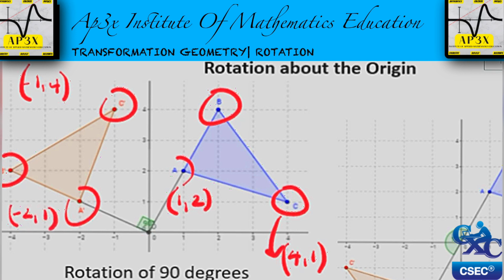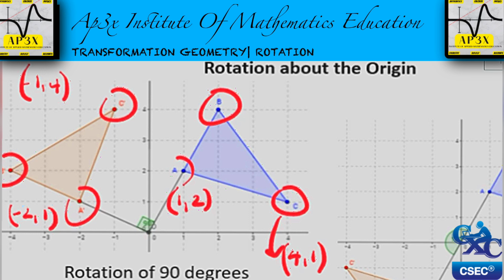So the 2 that was at the back is now at the front and it changes. And the 1 that was at the front is now at the back, but it remains. That suffices to show that when a rotation of 90 degrees anti-clockwise takes place, there's an interchange in the point and the y ordinate value will change.